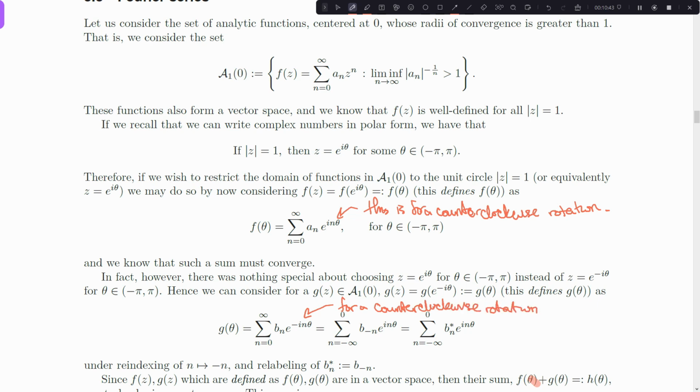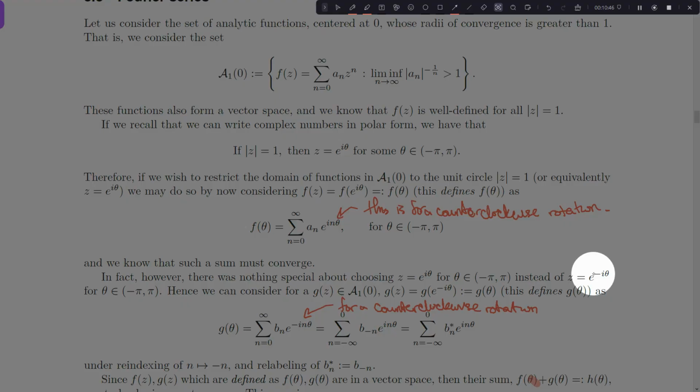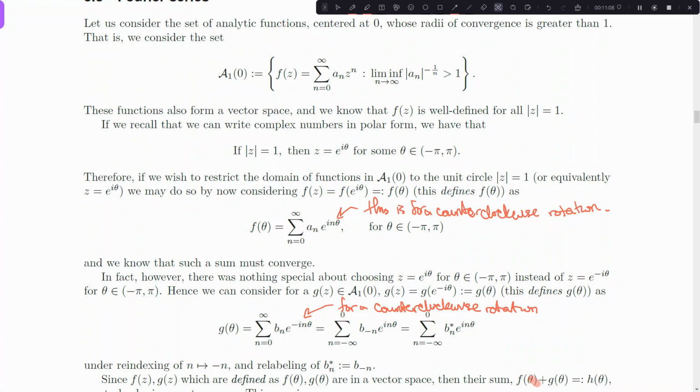There's nothing special about a clockwise versus counterclockwise rotation, and to gain a counterclockwise rotation, I'm just going to plug in e to the minus I theta, and of course that'll push me around the unit circle in the other direction. So I can find functions in my space of analytic functions which are now traveling in the counterclockwise direction as well.